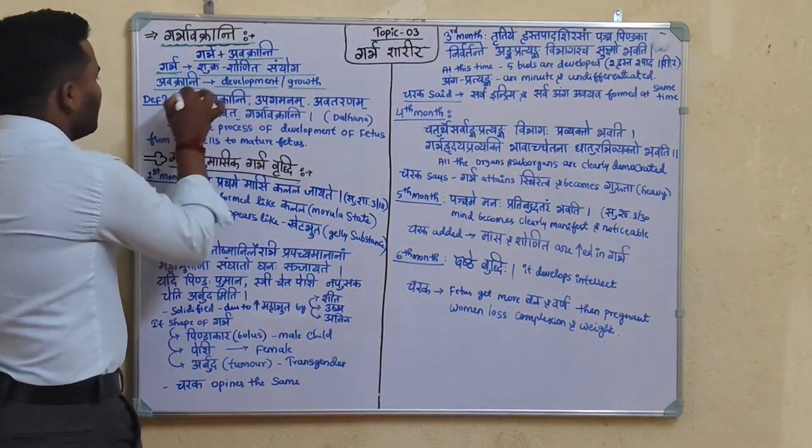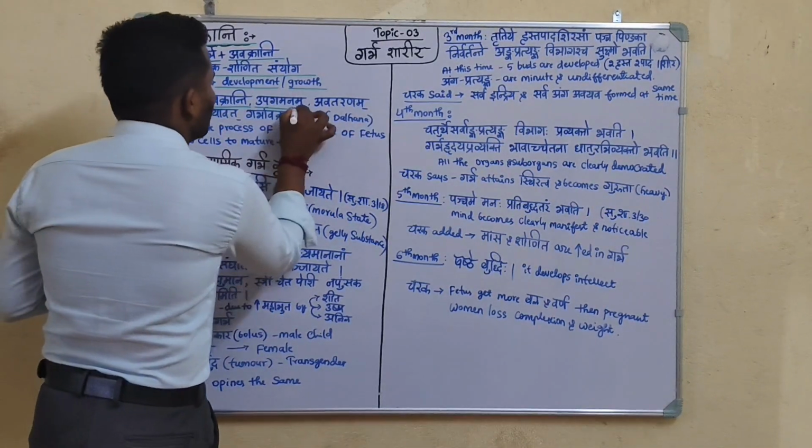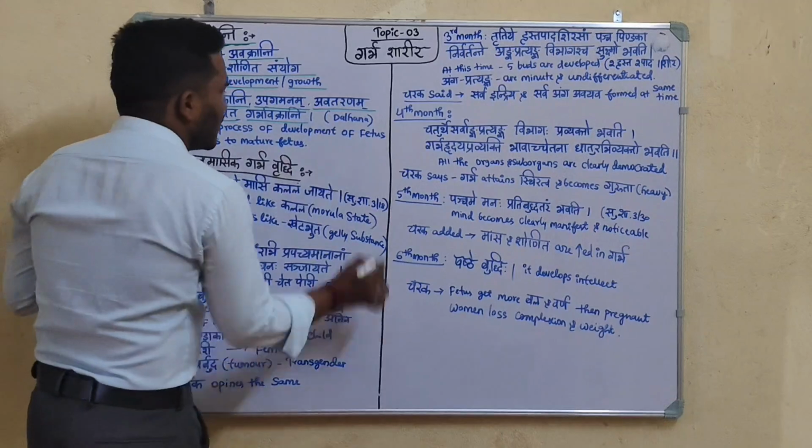The definition of Garbhavakranti is: Tasya Avakranti Upagamanam Avataranam Iti Yavat Garbhavakranti.